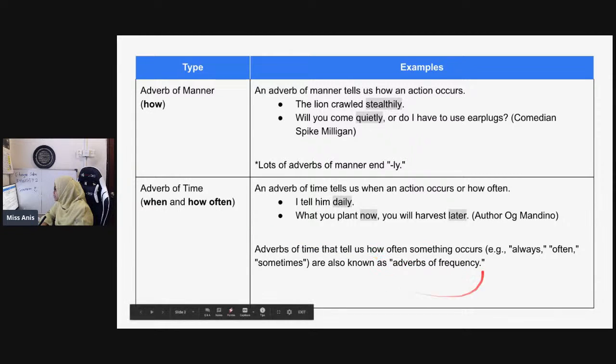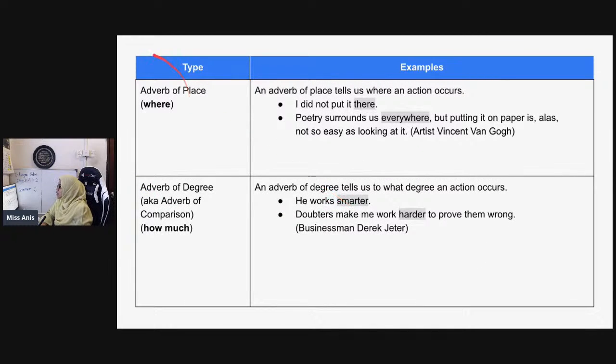Yang ni adverb of frequency ni korang akan belajar dengan lebih banyak bila tingkatan 3 nanti. Okay, so itu untuk adverb of time. Now, lagi dua. So, adverb of place. Lagi dua ni and then kita cukup masa tak? Okay, cukup masa. And then kita akan cover exercise.